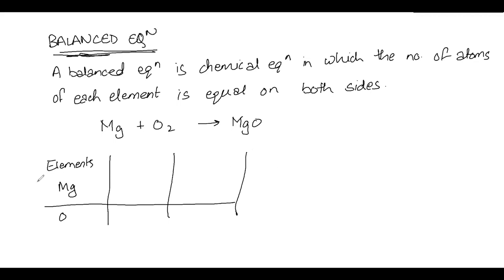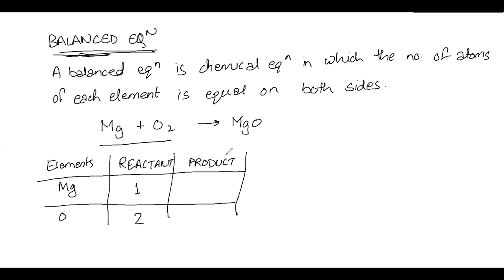So this will be the reactant and this will be product. Now what happens is we have 1 Mg and 2 O at the reactant side. But when we come to the product side, we have 1 Mg and 1 O.